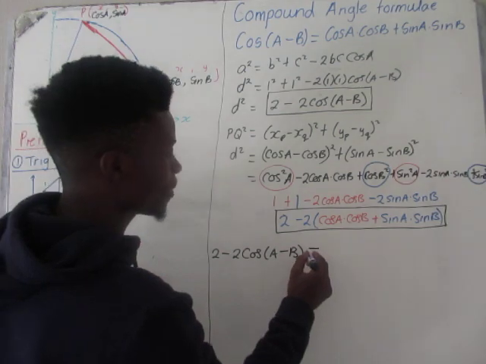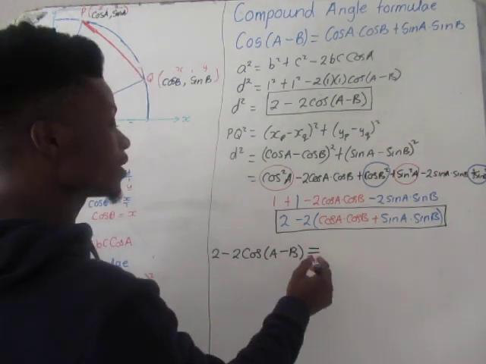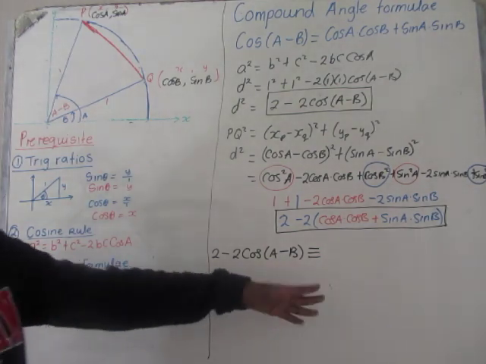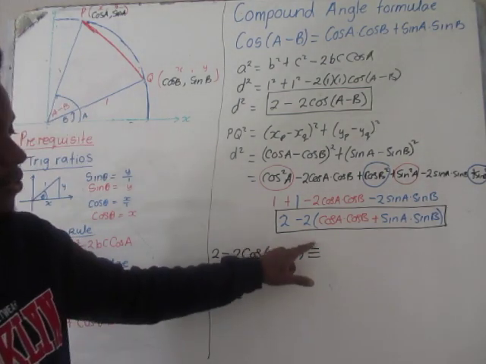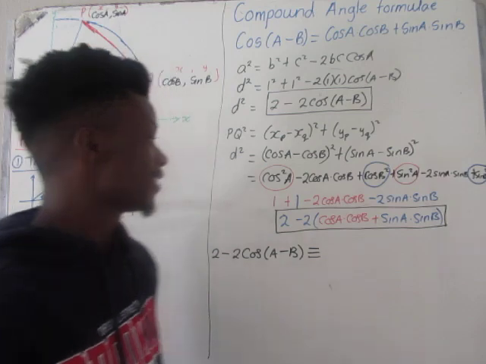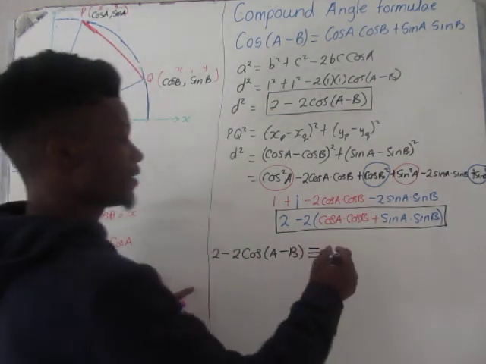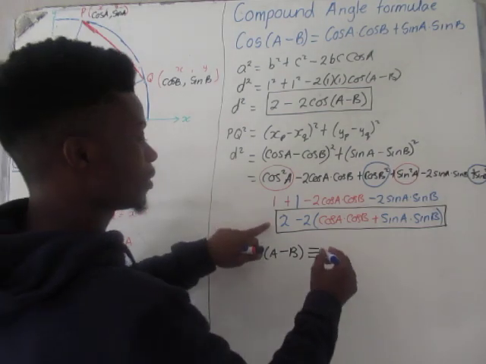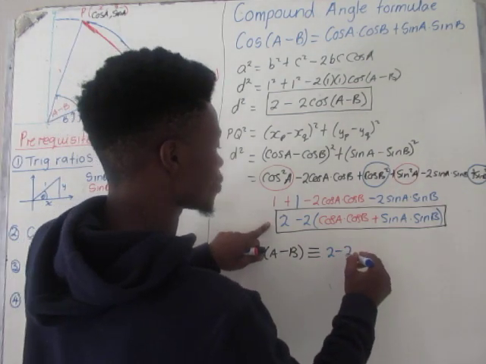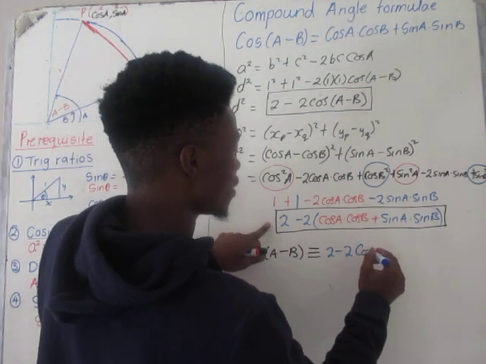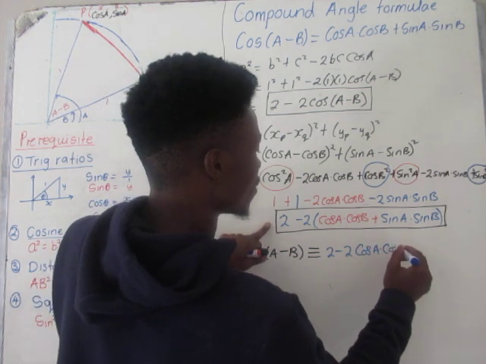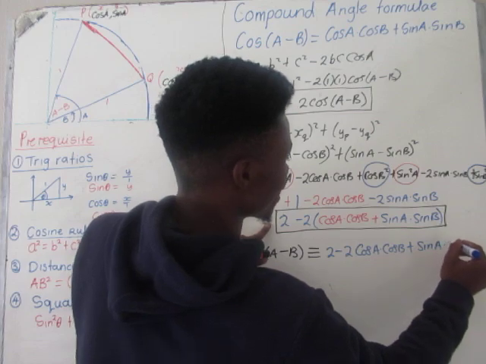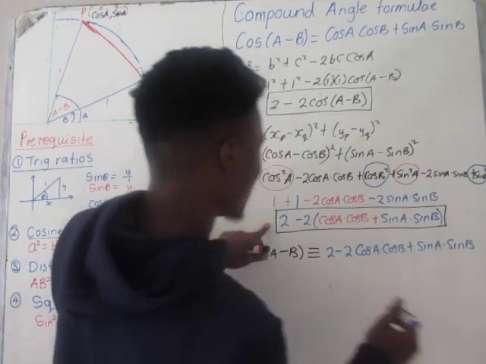Then it is also identical to, or also equal to, you could write 3 lines for an identity or 2 lines for equal to. So I'm going to use 3 lines to emphasize that these are identities. It is also equal to this that I have on this side. So I'm going to write it in a different color, which is equals to 2 minus 2 cos A times cos B plus sine A times sine B.